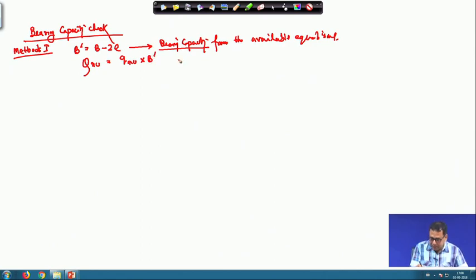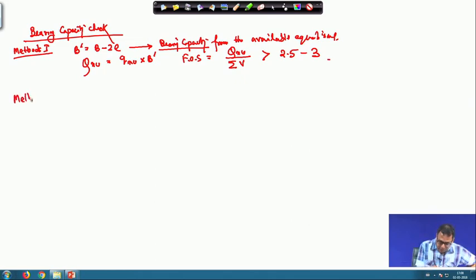Then I got the factor of safety, which is Q net ultimate divided by the summation of all vertical forces. That should be greater than 2.523. That is method 1.